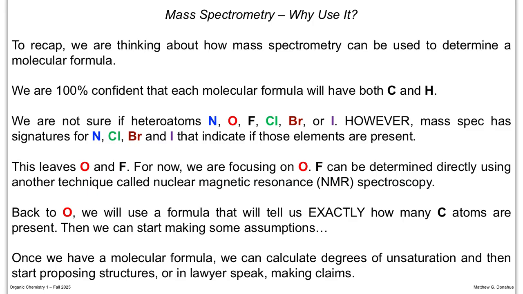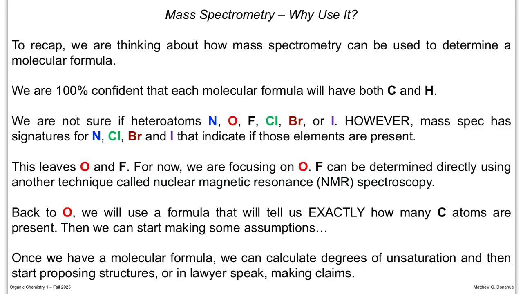So the problem that we're looking at is testosterone. This is a thought experiment. We know what the structure is. We can count carbons, hydrogens, oxygens, and determine the molecular formula from that. But we're looking at the data itself to see if we can arrive at that same molecular formula using some of these techniques.